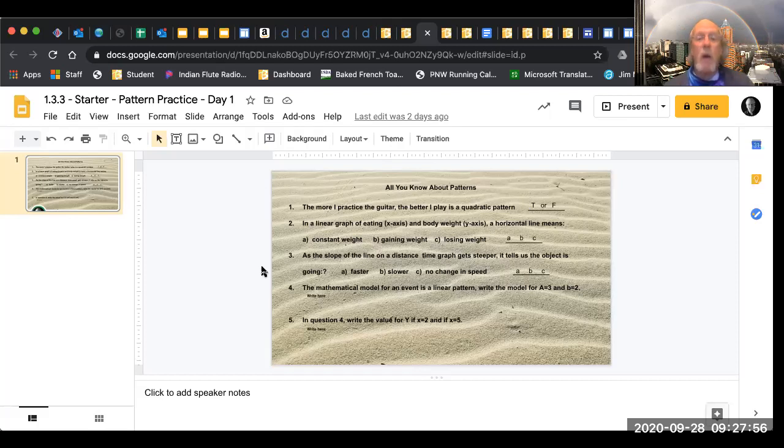The mathematical model for an event of linear, well, remember, linear is y equals mx plus b or ax plus b. So I'm just going to substitute and I would have y equals 3x plus 2. I'm just substituting the 3 and the 2 in for a and b.